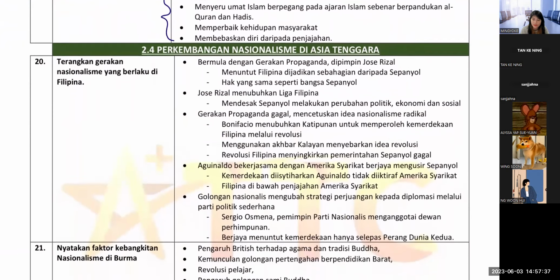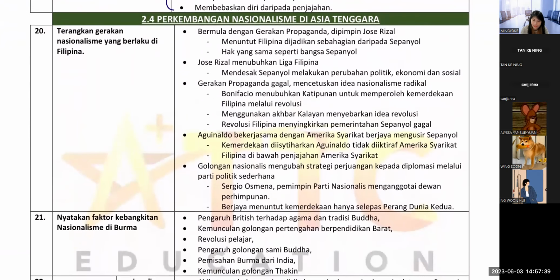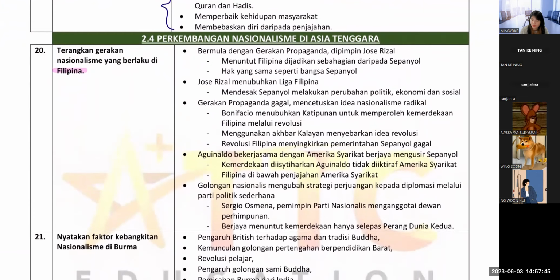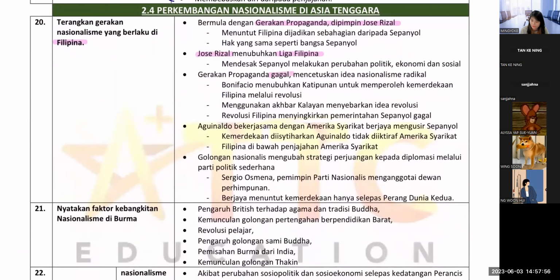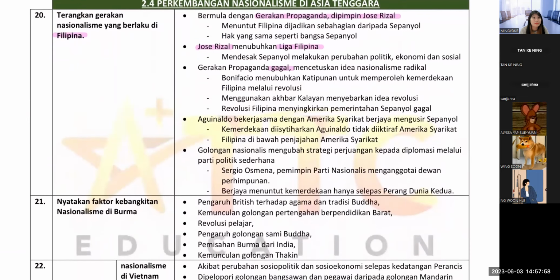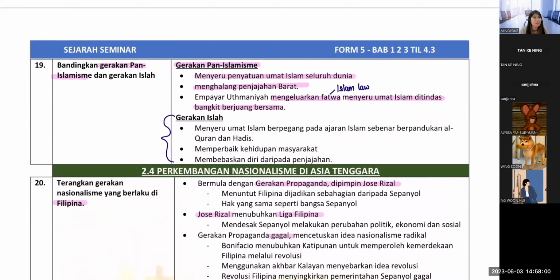Then if it's Asia Tenggara, guys, you have to know the perkembangan nasionalisme in Filipina, which started with Gerakan Propaganda, led by Jose Rizal. Other than that, Liga Filipina by Jose Rizal, but it failed. Teacher, how many marks for question number 19?